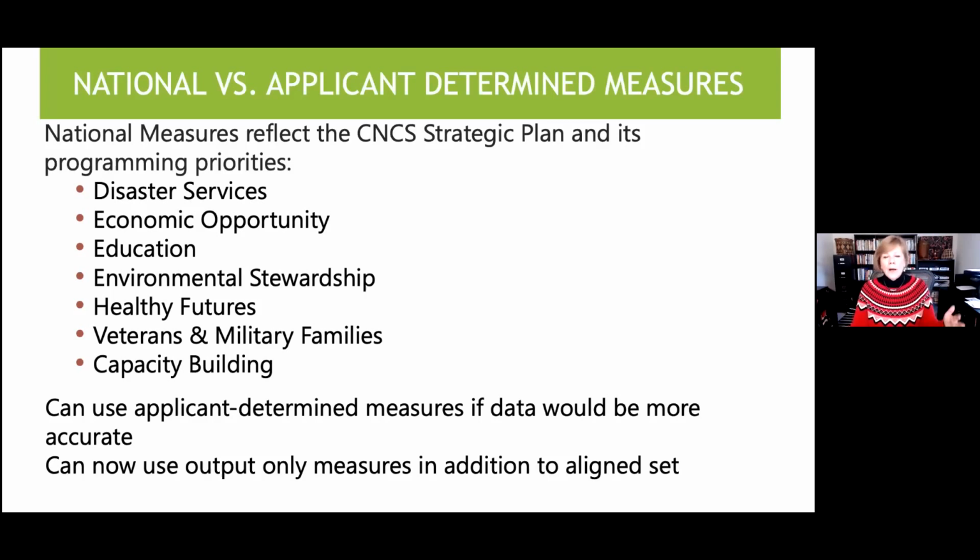If there's not one that they've kept, because they've also kind of pared these back quite a bit in different categories, you can propose your own. And that's not a ding. What you've got to make sure though is that it is tightly aligned with your theory of change and your logic model. And in the past they didn't allow these output only measures. But now you can have that.